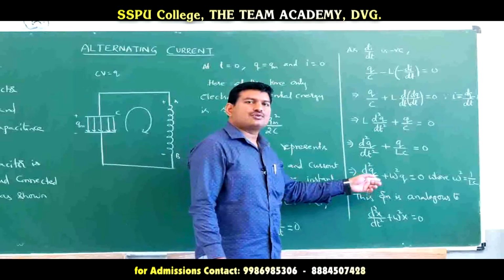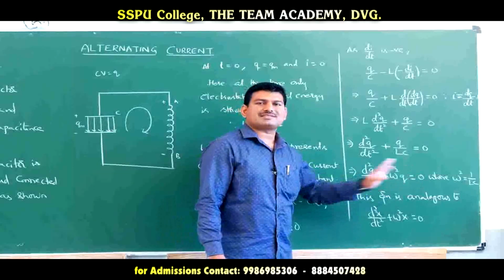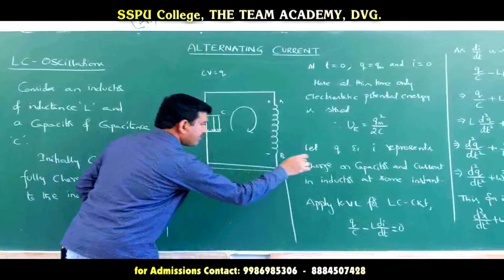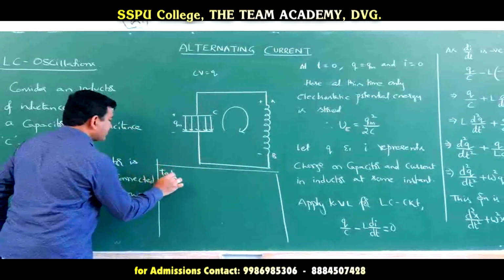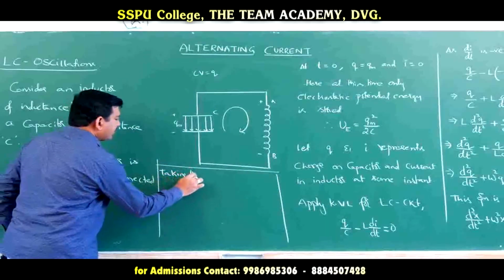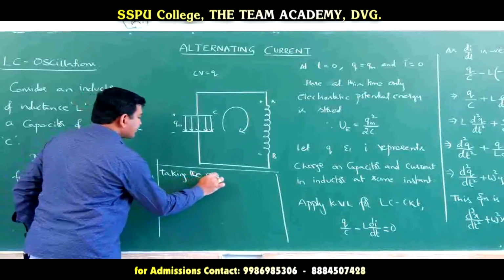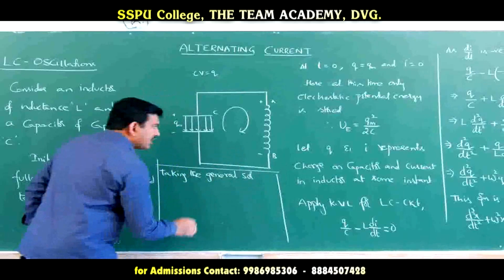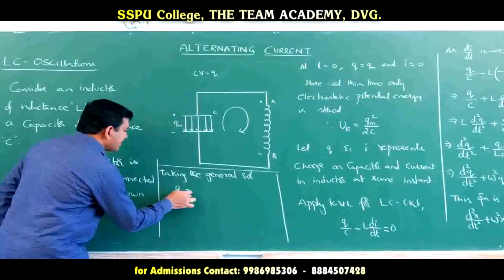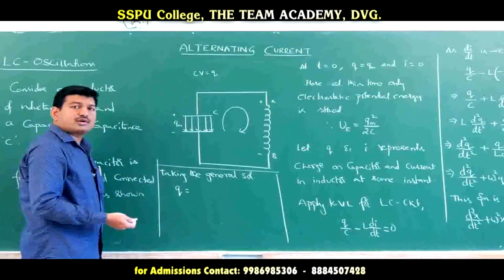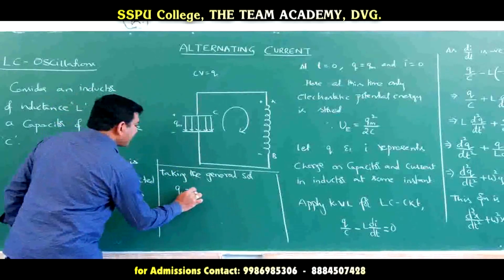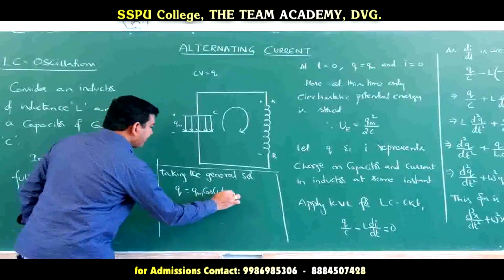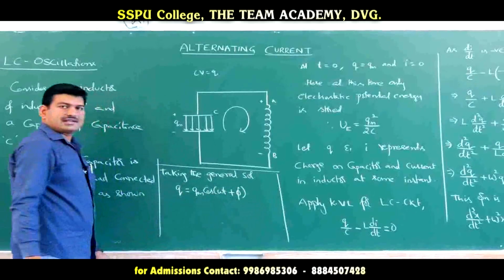Therefore, q is equal to q naught into cos omega t plus phi. Taking the general solution for the differential equation, I can write q is equal to q naught, where q naught refers to the maximum value. Here I have taken the maximum value as qm into cos omega t plus phi. Is it clear or not?